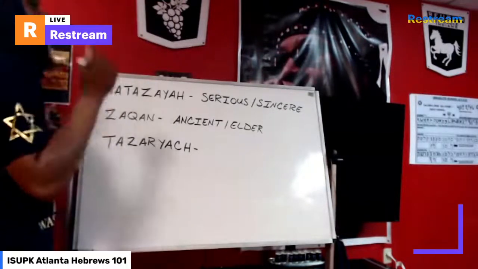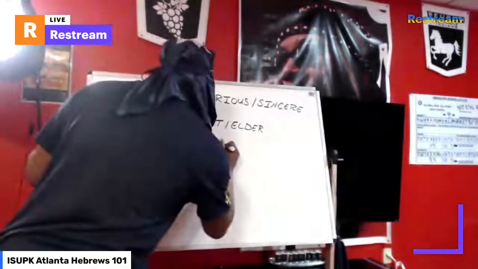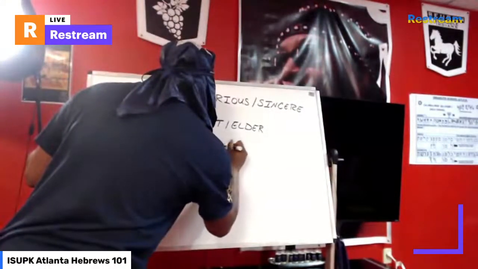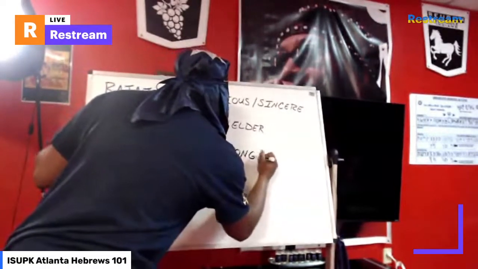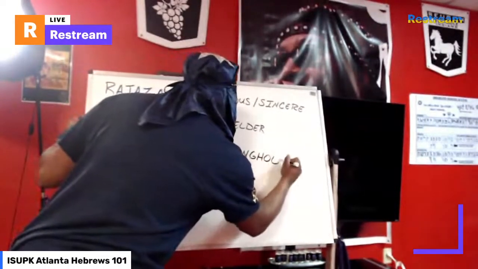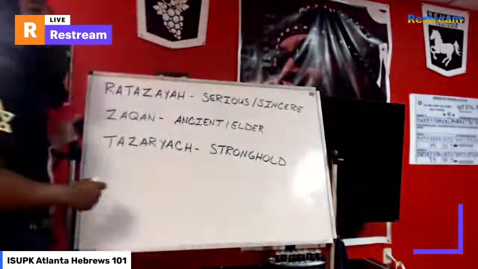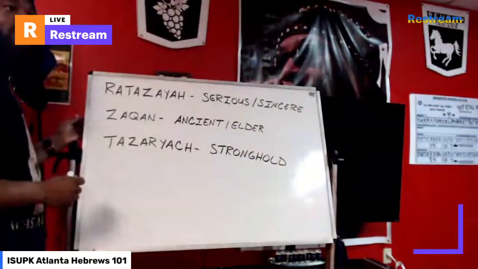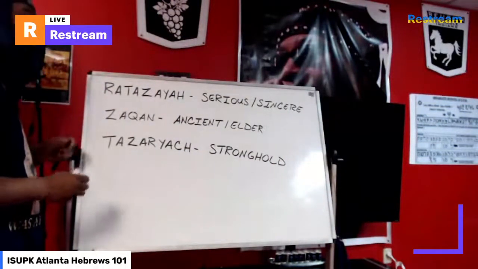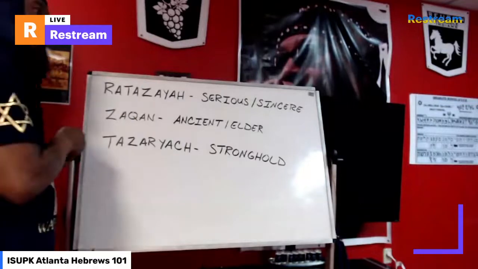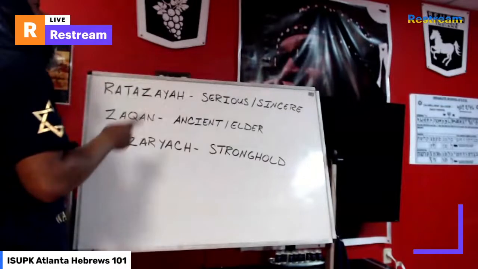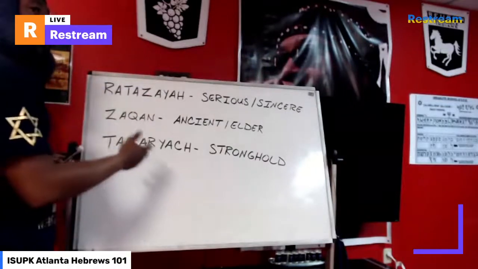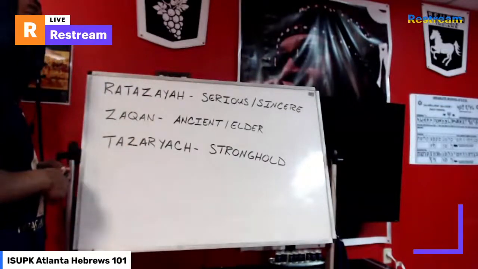If I'm correct, Tazaryak means stronghold. Stronghold. See? Strong counsel, stronghold. Tazaryak. All right?